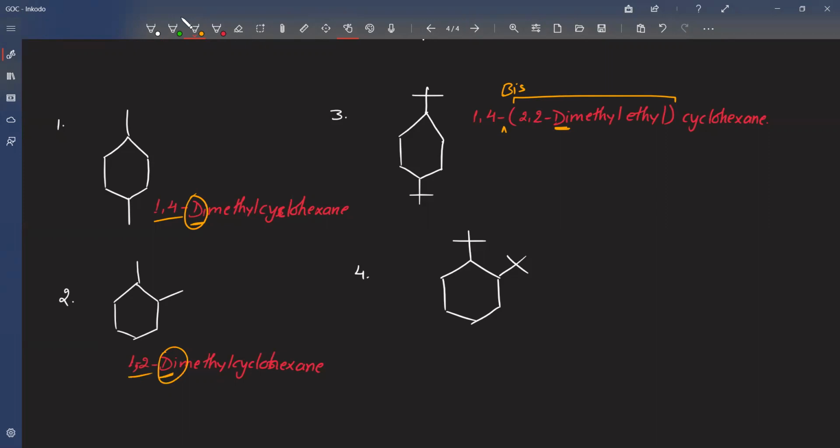Second, we have already practiced naming the complex substituent, that you have done wrong again. This is the first carbon, this is the second carbon.